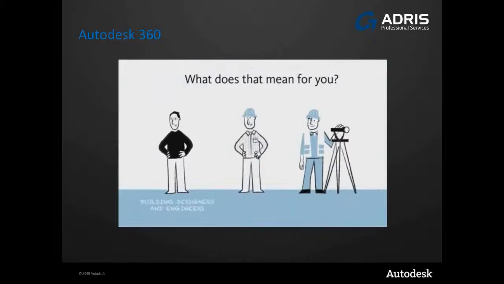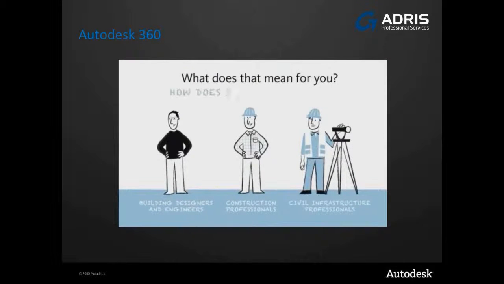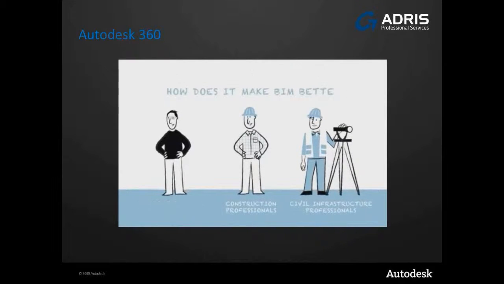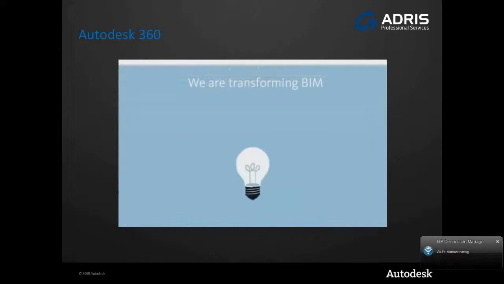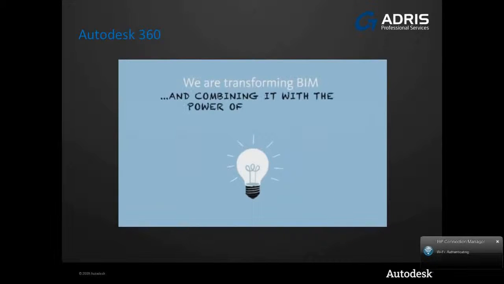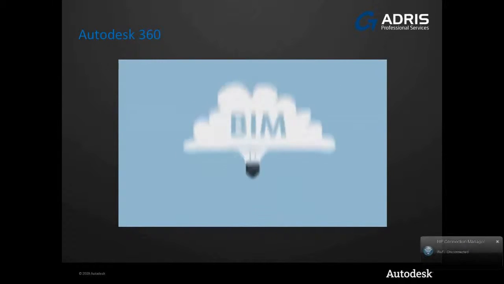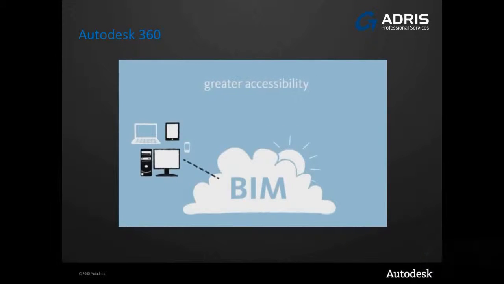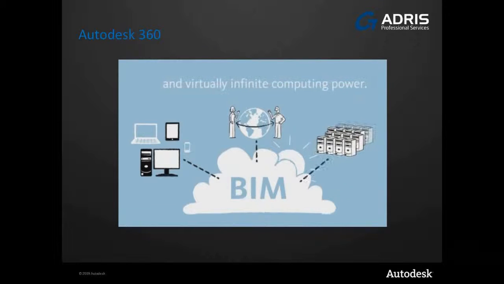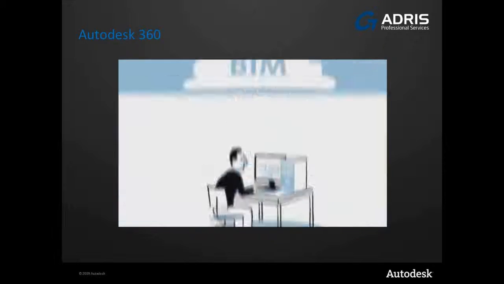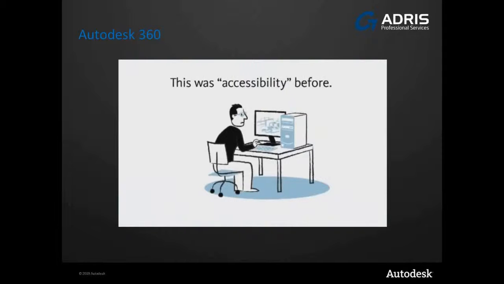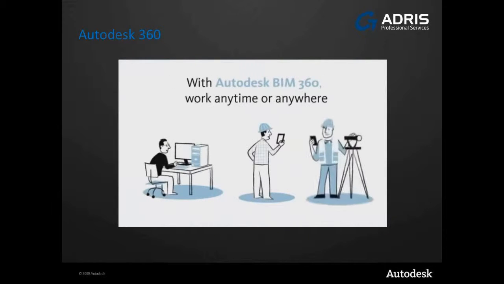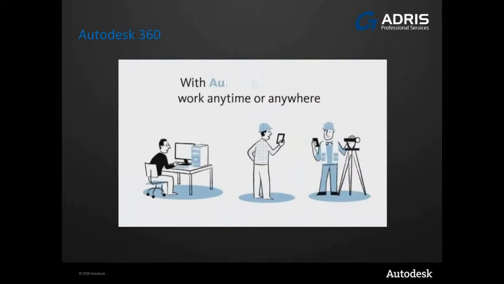So rather than having to tie up your own hardware to produce visualizations or simulations, you can export your model to the cloud and get Autodesk to do that processing for you on their servers. It also allows you to store your data online, which gives you access to that data almost at any time and anywhere.